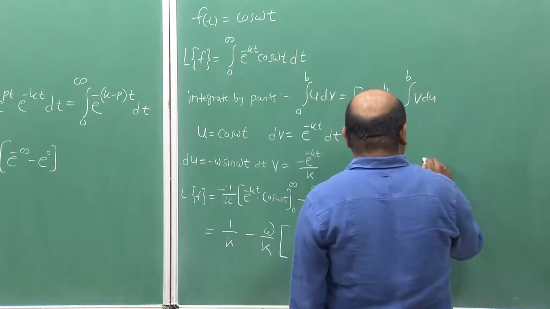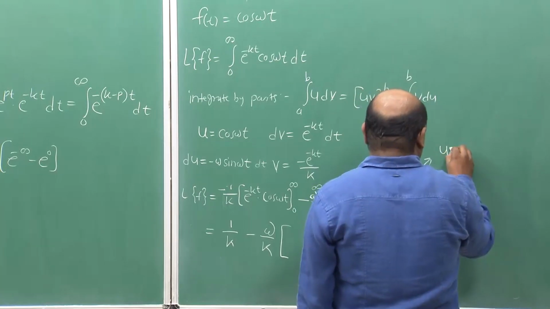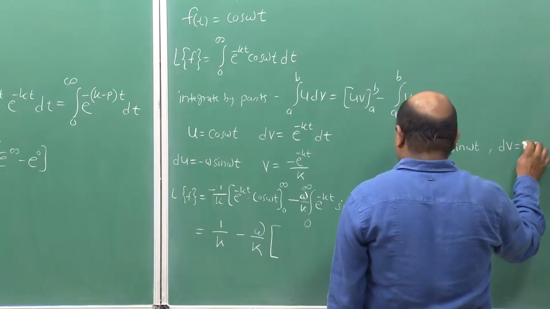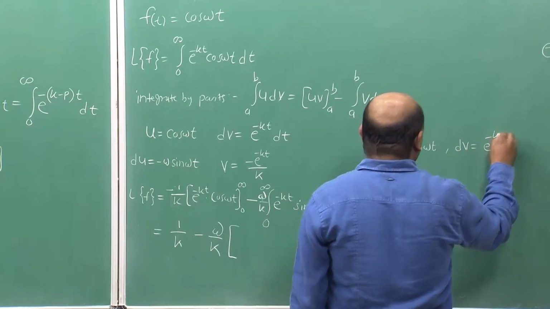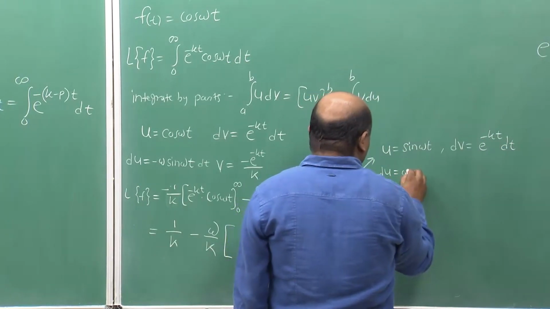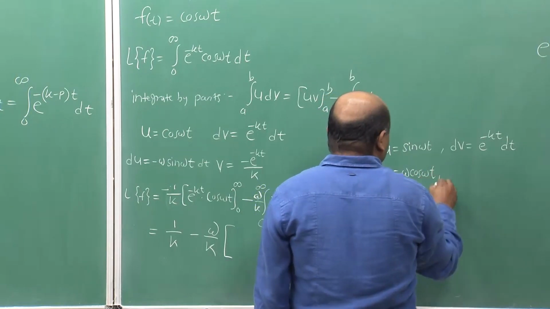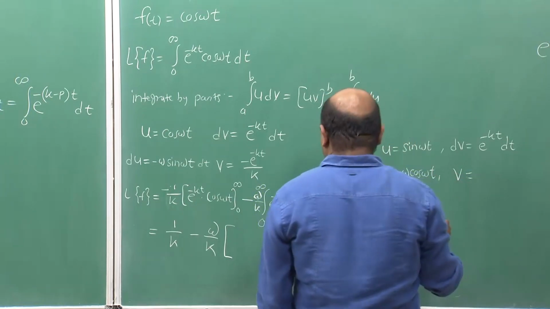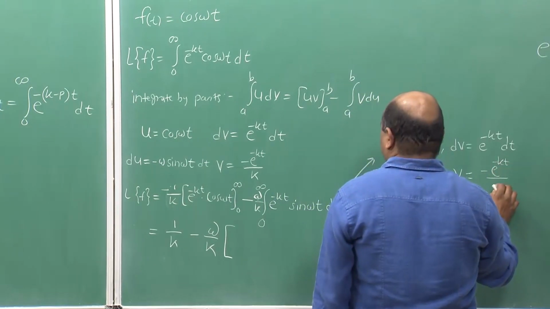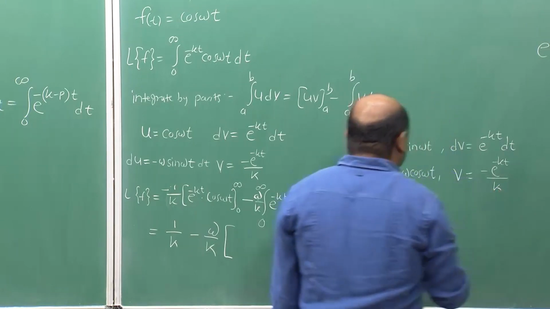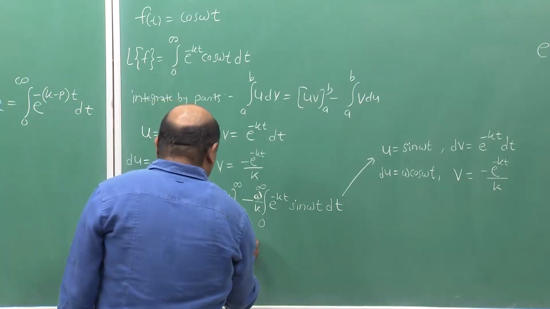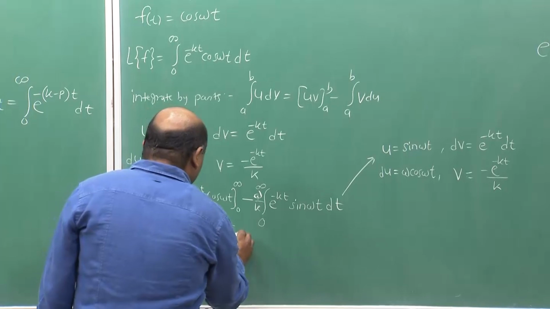In this case we have u equal to sin omega t and dv equal to e to power minus k t dt. So, du in this case is omega cos omega t and v will be again minus e to power minus k t by k. So, minus omega by k times u v.